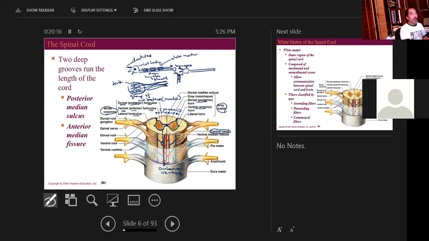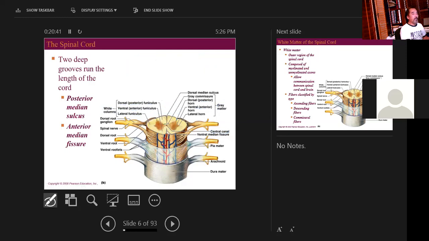Okay, so now let's identify the gray and the white matter in this picture. I'm going to take off the labels so we can see it better. This area of the gray matter, located at the posterior part of the spinal cord, we're going to call the dorsal or posterior horn. You've got one on the left and one on the right. Remember, patient's right, not your right.